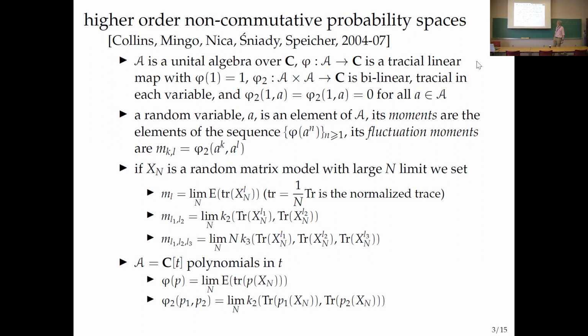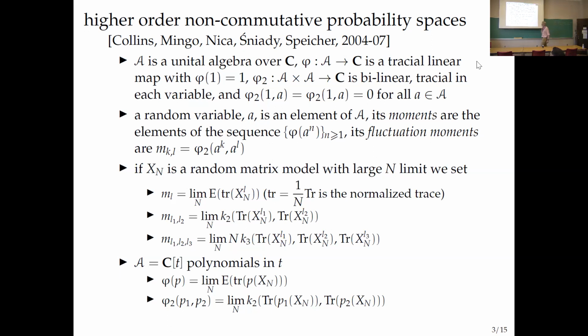And so if you have such a matrix, then to make a model up here, you would take the algebra to be polynomials in a single variable t. What do I do to a polynomial? I apply the polynomial to the matrix, and I run it through this thing. I get some number that depends on the polynomial.